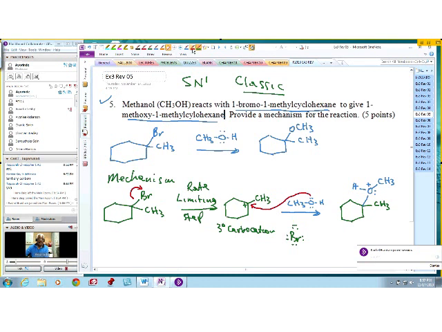The bromide now comes to abstract this proton from this oxygen, thereby releasing this pair of bonding electrons to oxygen. Notice how I am carefully drawing these arrows. You must draw those arrows because that is the essence of your reaction mechanism, showing the movement of electrons. Now we get this.